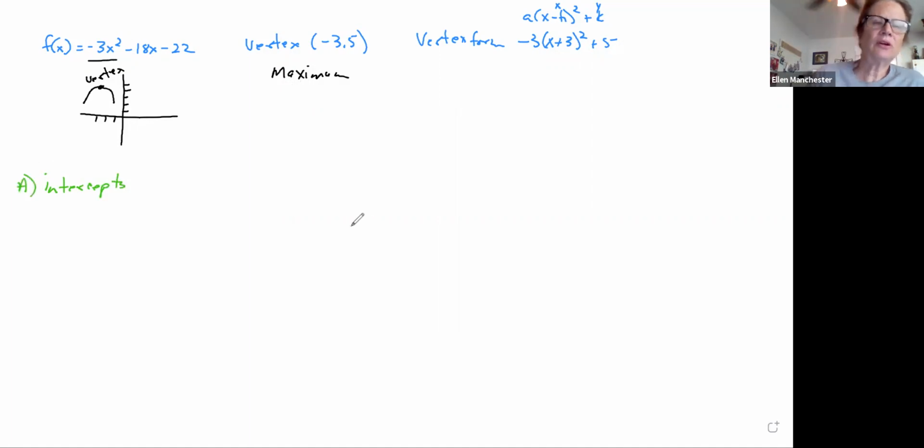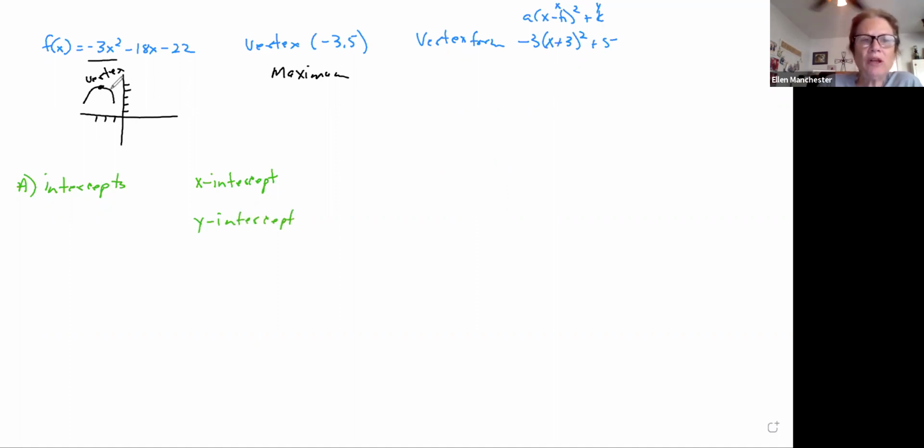Okay, so this is our A question, our intercepts. So remember, intercepts, there's 2 different intercepts. There's the x-intercept and the y-intercept. Actually, I'm going to write this down here because the y-intercept is easier to find. The y-intercept is super easy to find.